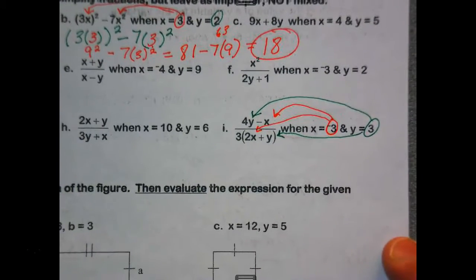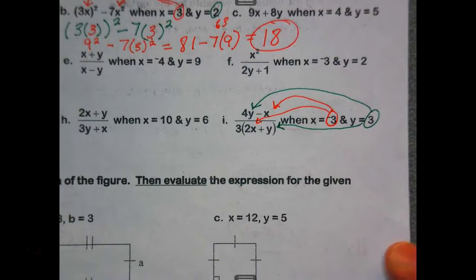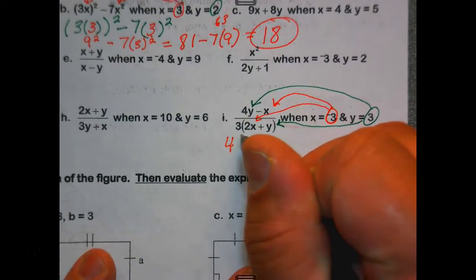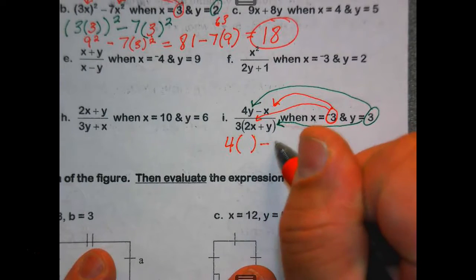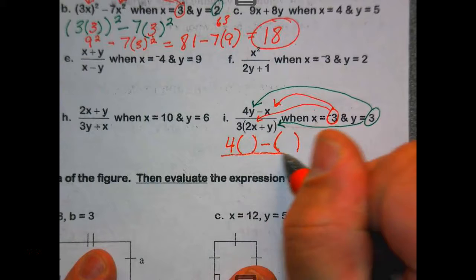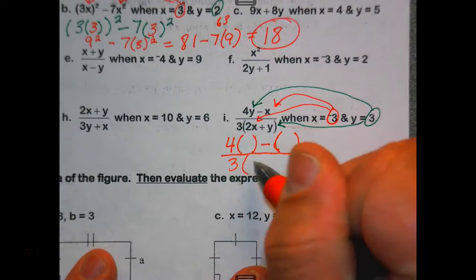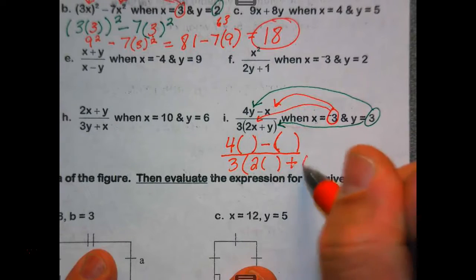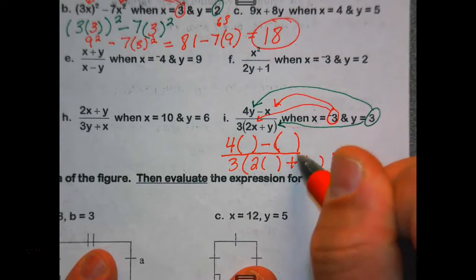See, 4 parentheses y's, and then parentheses for my x, and then 3, 2 parentheses for my x, parentheses for my y, close that off.